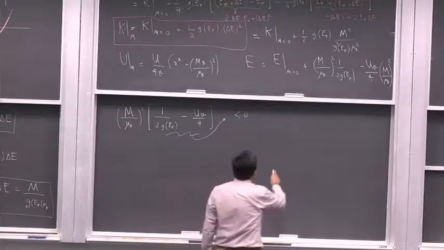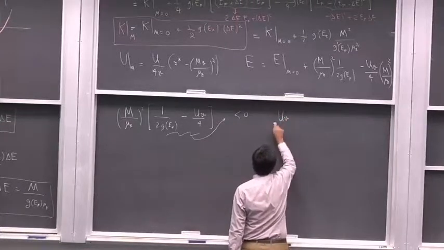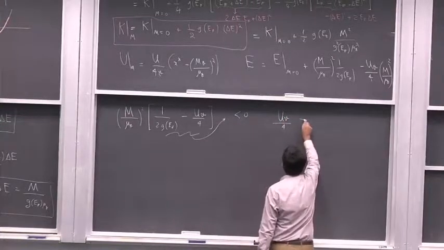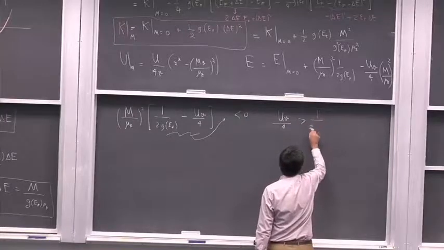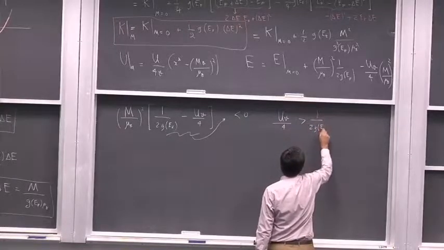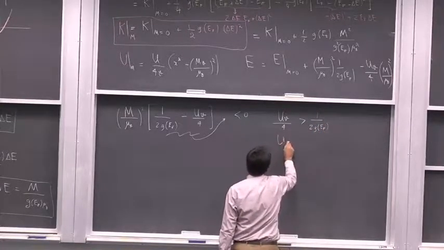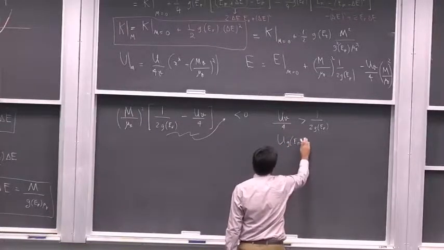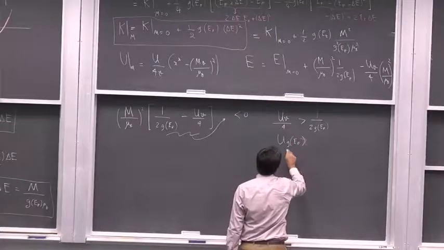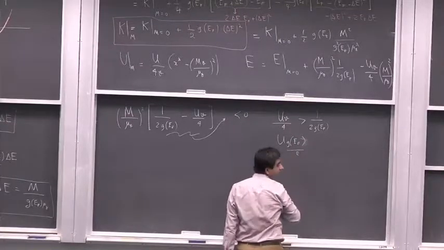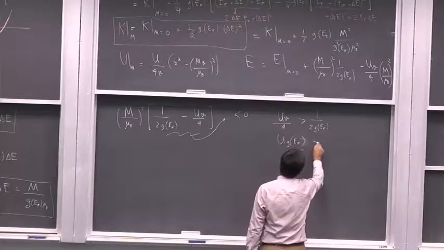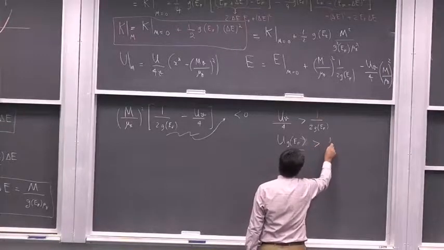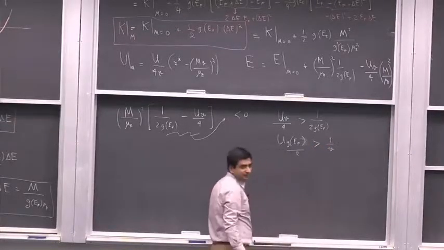Which means I would like UV over 4 to be larger than 1 over 2 g(E_F), which means I would like U times g(E_F) over 2 to be greater than 1 over V, the volume of the unit cell.